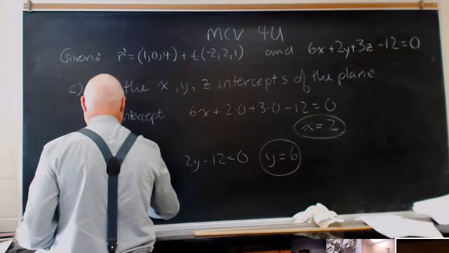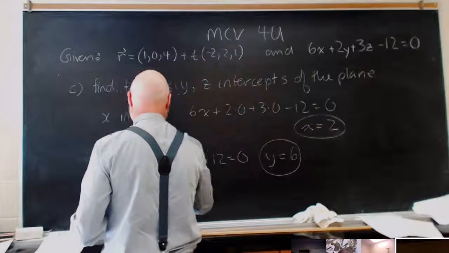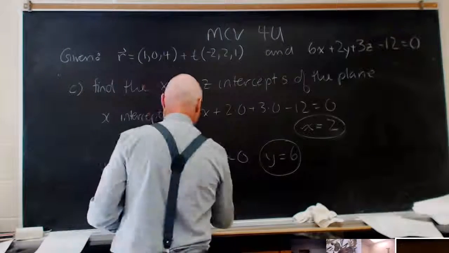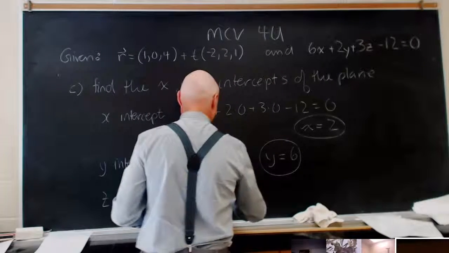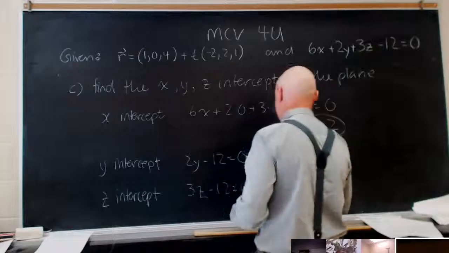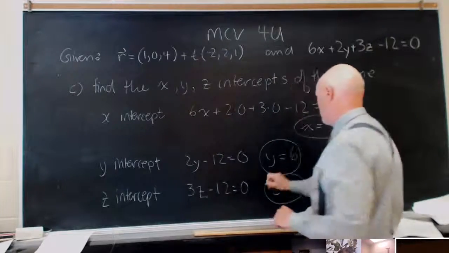Z-intercept, 3z minus 12 is equal to 0, so z is equal to 4.